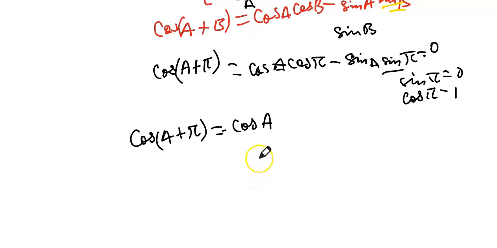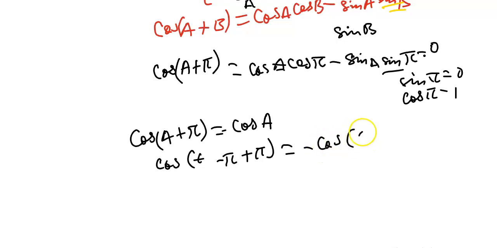If I substitute a back, I will simply have my cosine of t minus pi plus pi to be equal to negative cosine of t minus pi. Right.